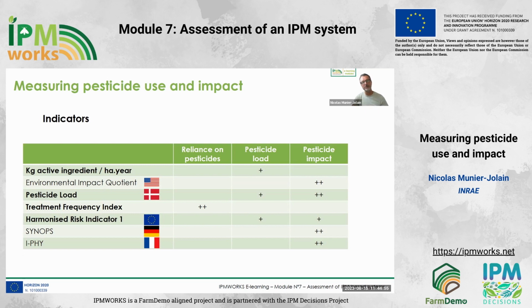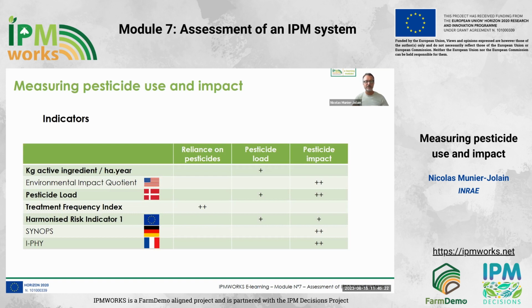Some of them are measuring pesticide load, and some of them intend to measure pesticide impact. In this table, you can see that the first one, the simplest one, is the amount of active ingredient expressed as kilograms of active ingredients applied per hectare and per year, which is typically an indicator of pesticide load.